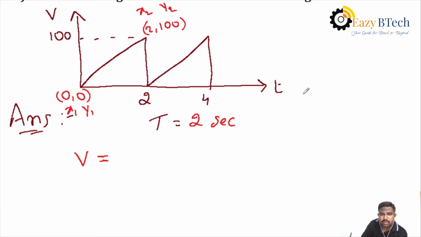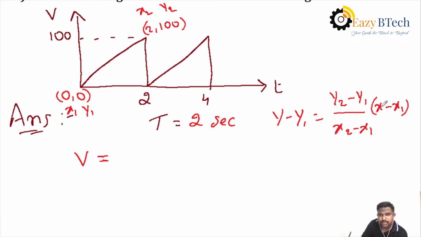We know the formula for the equation of a line: y minus y1 equals (y2 minus y1) by (x2 minus x1) into (x minus x1). Here x1, y1 and x2, y2 are the points, y is the y-axis variable, and t is the x-axis variable. Replace all the values to find the equation of the straight line.